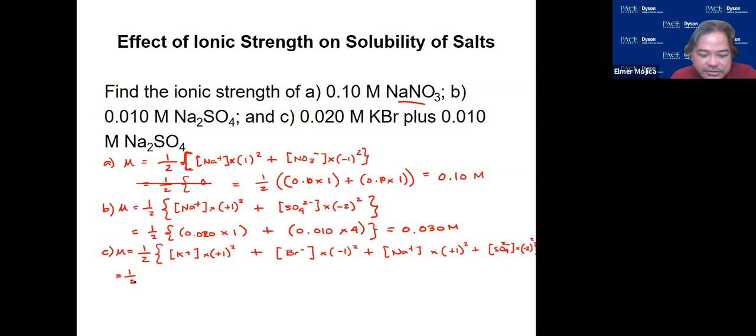And then you're going to calculate them based on the given concentration. So you have here 0.02 times 1 plus 0.02 times 1 plus how much sodium ion do you have? 0.01 times 2, and then for the sulfate 0.01 times 4.